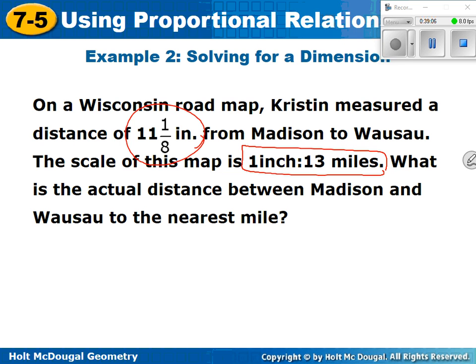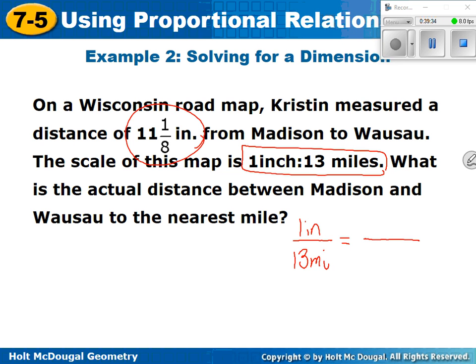All right. So we're going to use our scale. The way you're going to work these problems as they get harder is you're going to write down your scale, and you're going to set your scale equal to your other fraction that you're looking for. So if they give you a problem like this, start with your scale. What's our scale? 1 inch to 13 miles. We know how many what?